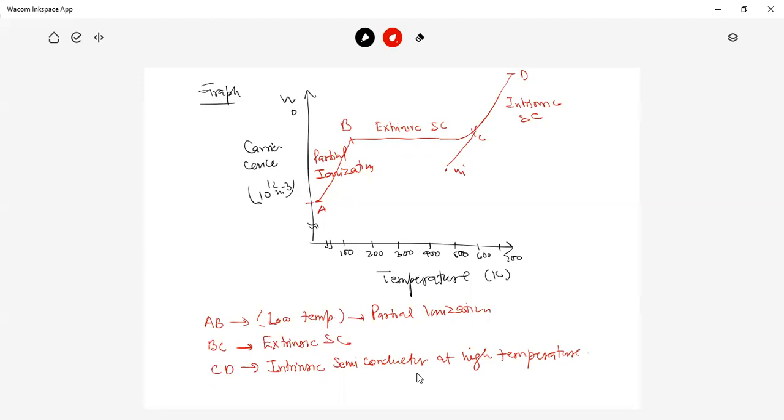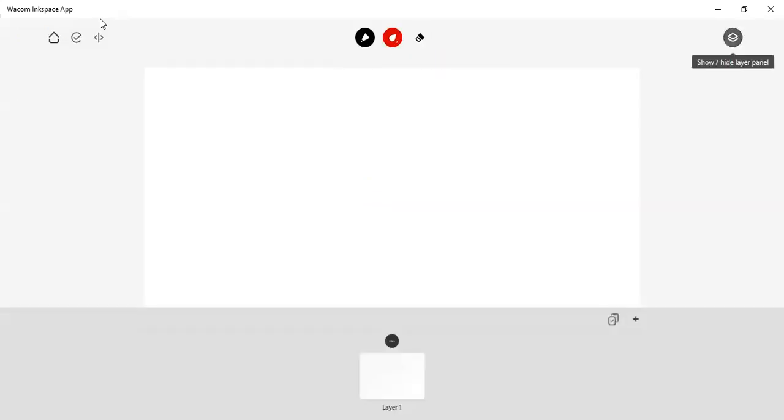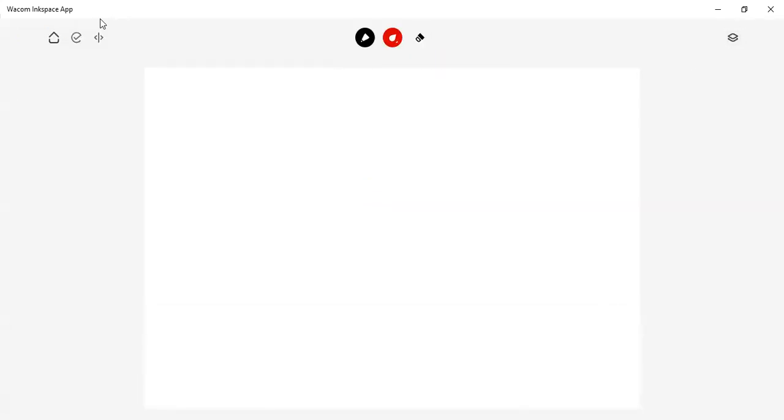Now, when the bands are formed, during that part, the band structure of an open circuit PN junction.